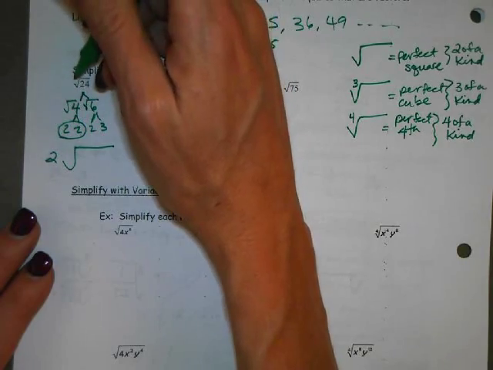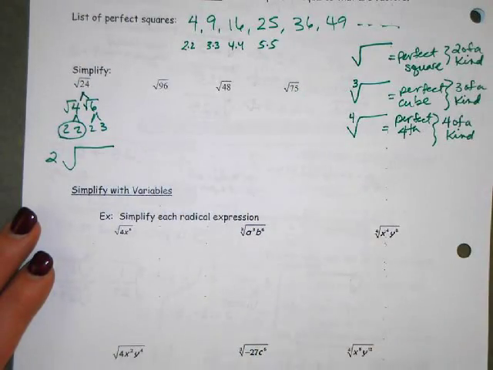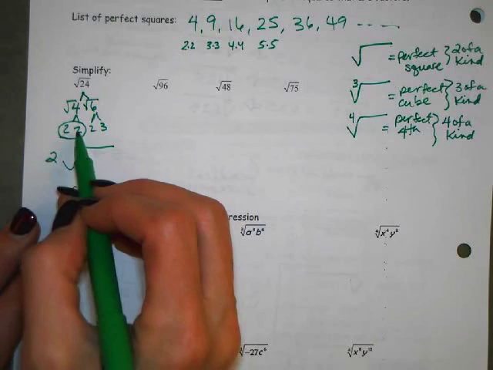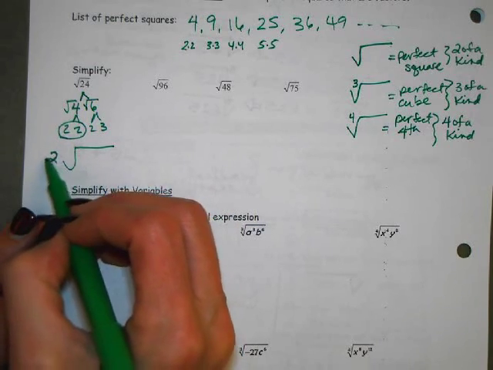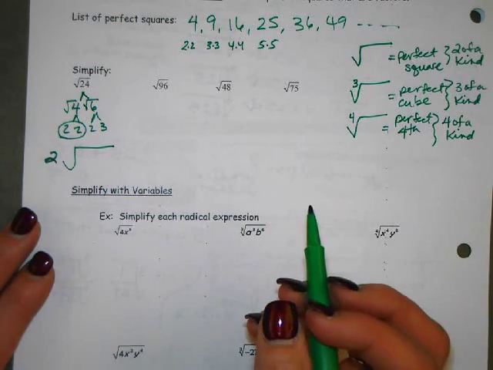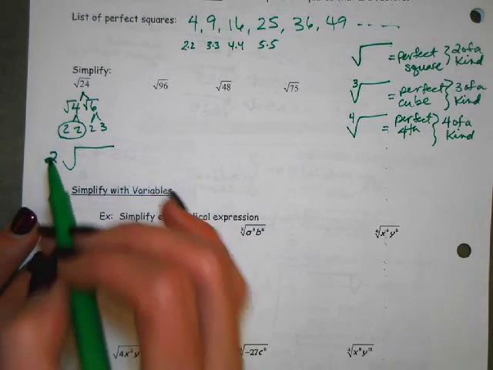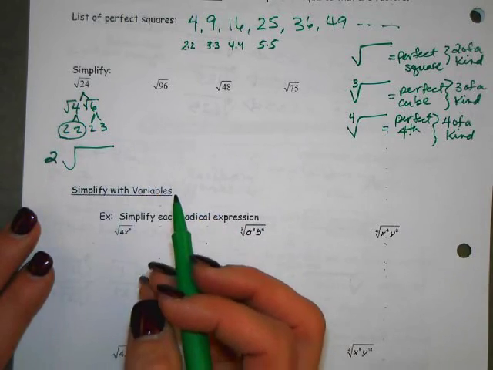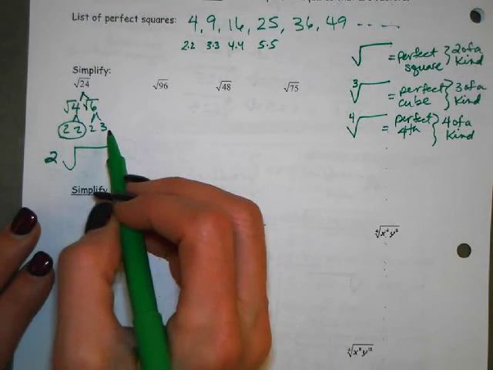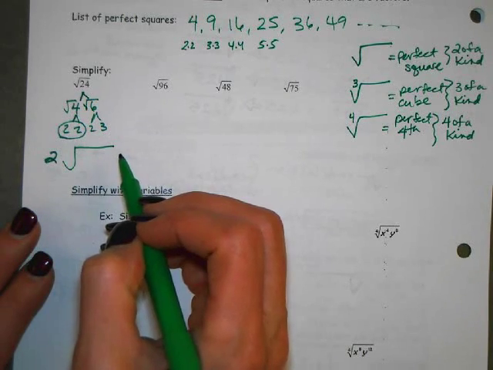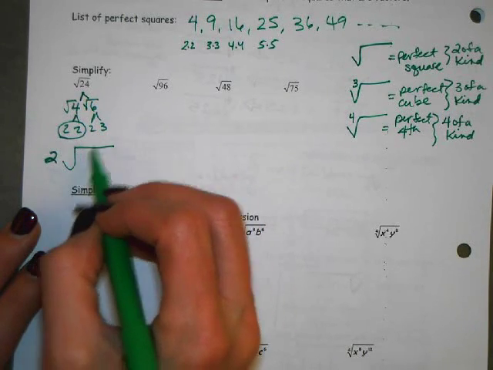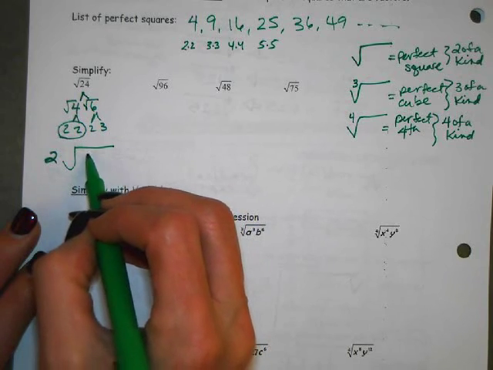Because my index is 2, I'm looking for pairs of 2. Any pair of 2 I have, I remove it to the left and write it as just that one number. Right? I'm not writing 2 and 2, I'm just writing one 2. Okay? What was left on the inside? We multiplied them. So this is really 2 times 3, which is what? 6.